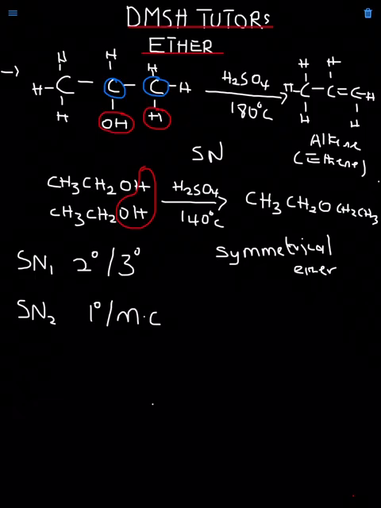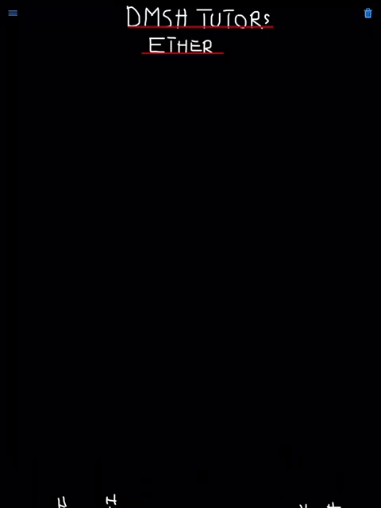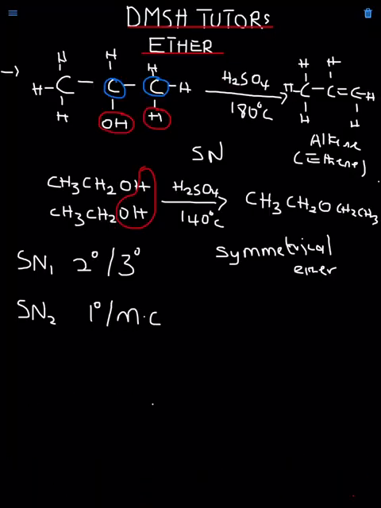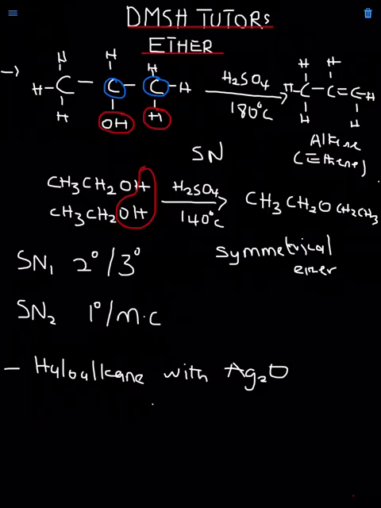Lastly, the reaction of haloalkanes with dry silver(I) oxide. This is another way to produce ether. This reaction is very important because haloalkanes reacting with silver(I) oxide can also produce ether.